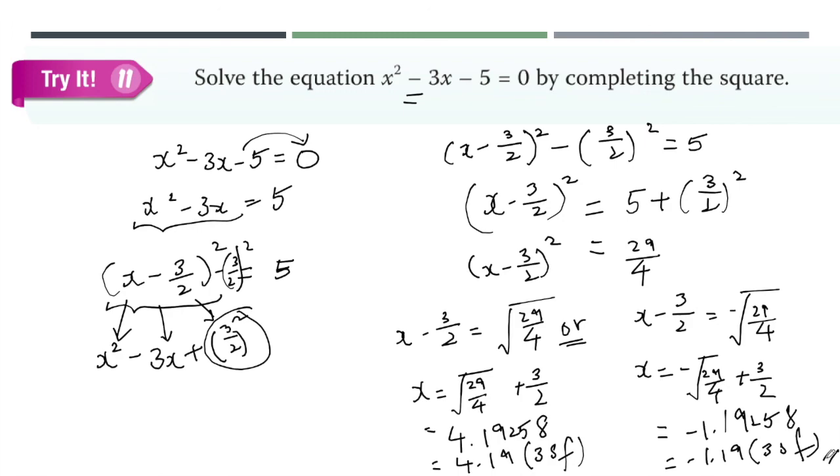So for completing the square, there's really no shortcut. Practice makes perfect. After you practice a few more times, you will naturally get a feel of it.